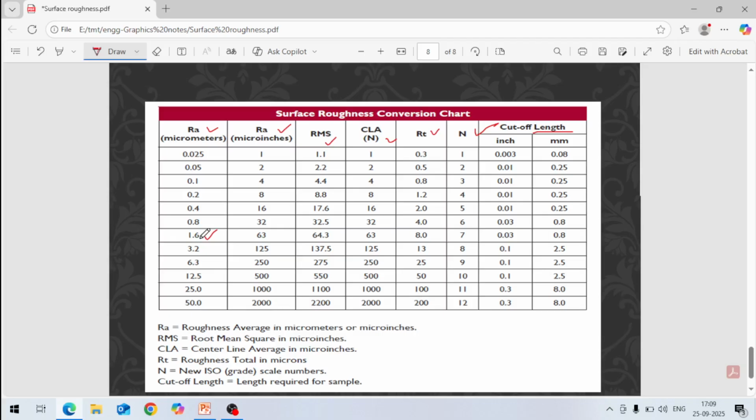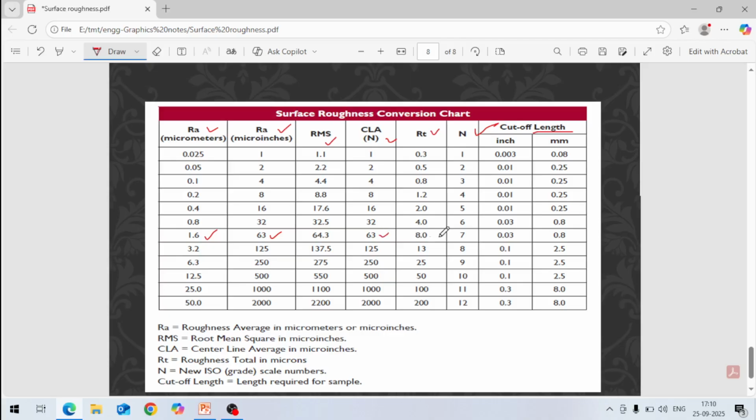In micro inches it becomes this value, 63. And this is the RMS value, root mean square value. It is approximately 2-3% more than the RA value, 63, it is 64 like this. The CLA value 63 is the same as RA like this.